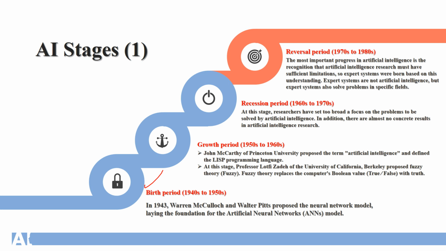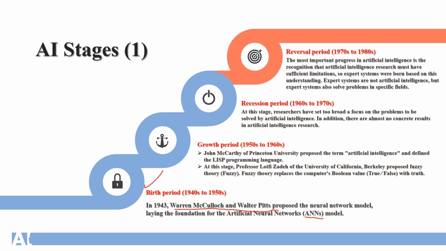Okay, in 1943, the two people right here, Walter McCulloch and Walter Pitts, proposed the neural network model, laying the foundation for the artificial neural network model, abbreviated as ANNs.